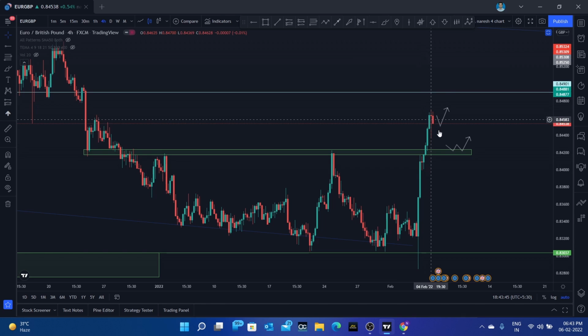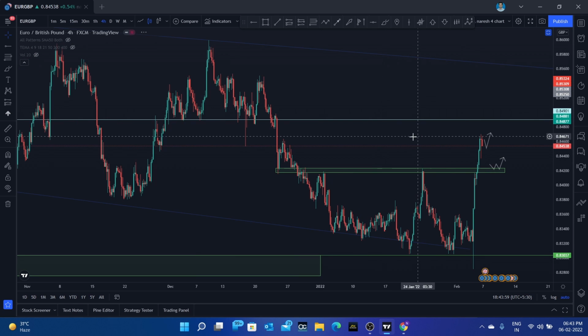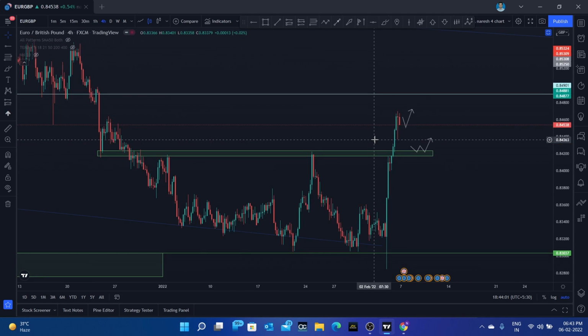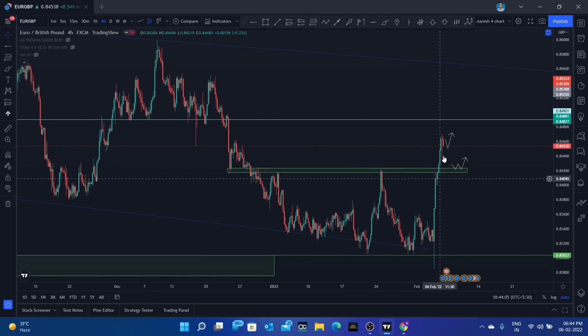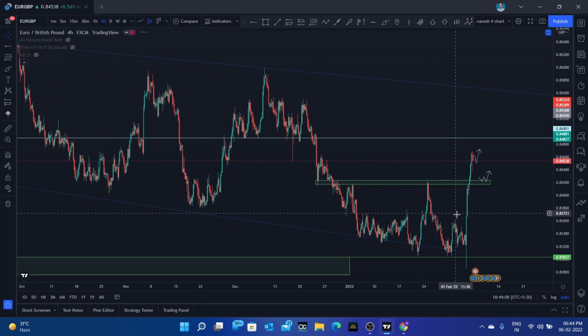Or else, if the momentum is very big, the price will most likely pull back to this level, which should be a 31% retracement on the fib. And if it forms some kind of consolidation here and moves up again, you can go for long entries in EURGBP, guys. We only look for long entries in EURGBP because we can see the power of bullishness at the base of this channel, and we had a powerful pump on the upside.